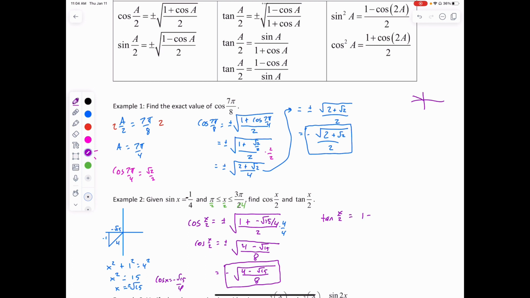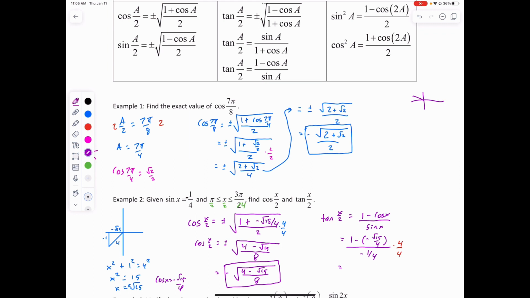I'll use 1 minus the cosine of x over the sine of x, which is equal to 1 minus, we found the cosine is negative radical 15 over 4, over the sine, which is negative 1/4. I'm going to multiply by 4 over 4 to the top and bottom to simplify this a little bit.